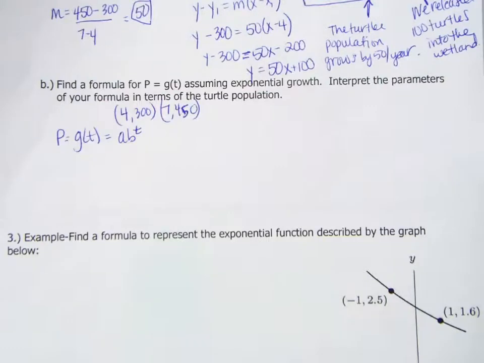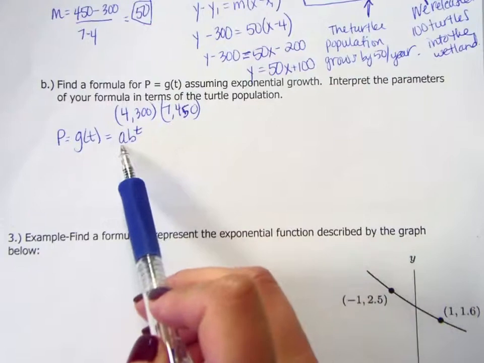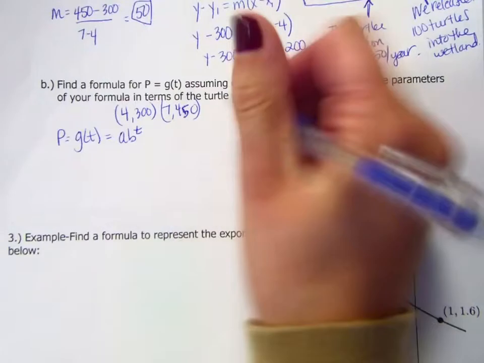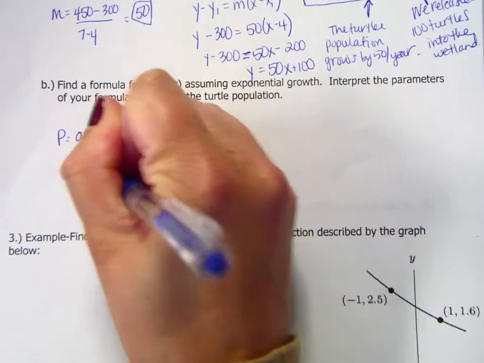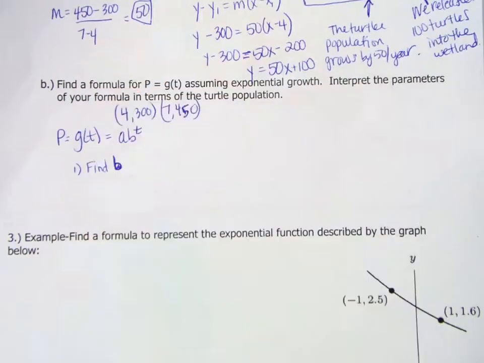So there are two things that we need to know to be able to write our function. We need to find our value of a, which is our initial amount, and then we need to find our value of b, which is that growth factor. The first thing that we are going to do is not find a, but start off by finding our value of b.